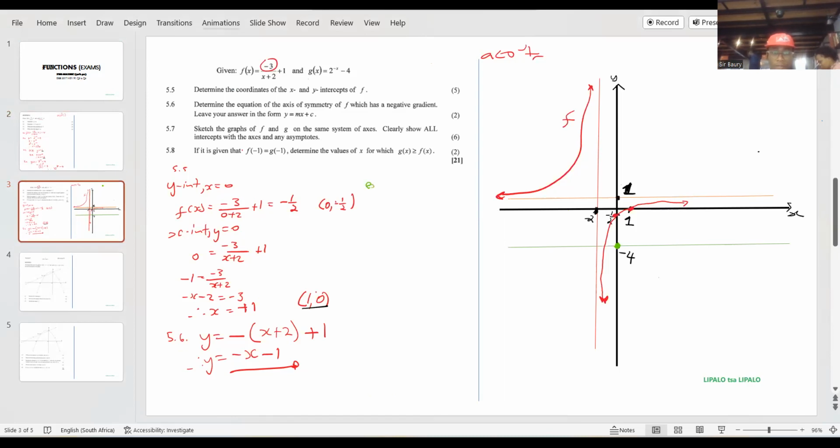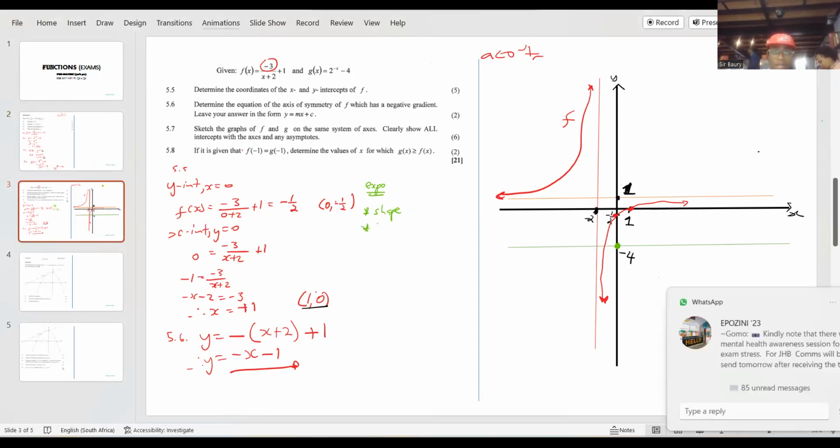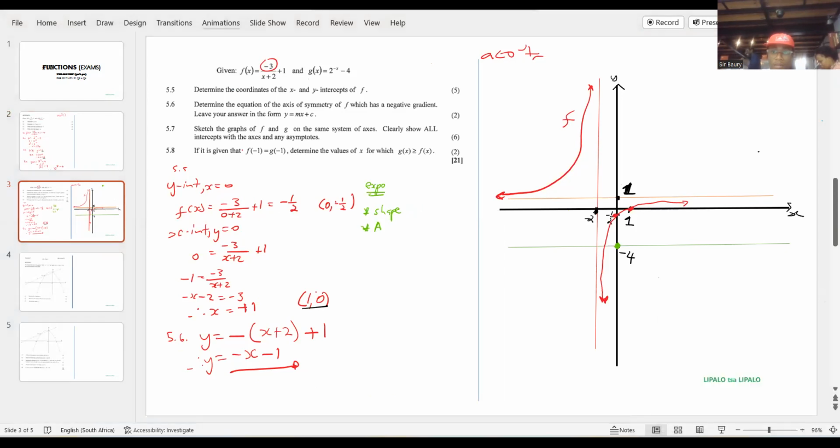So for the exponential, before I sketch, I need to know the shape, the asymptotes, and the intercepts. Same as with the hyperbola.